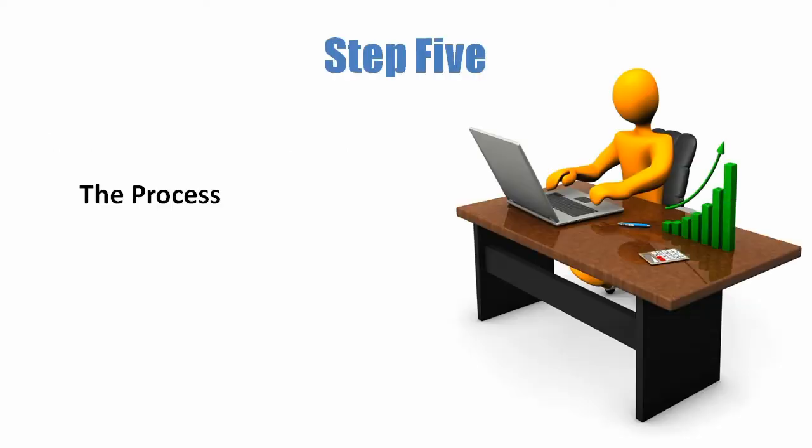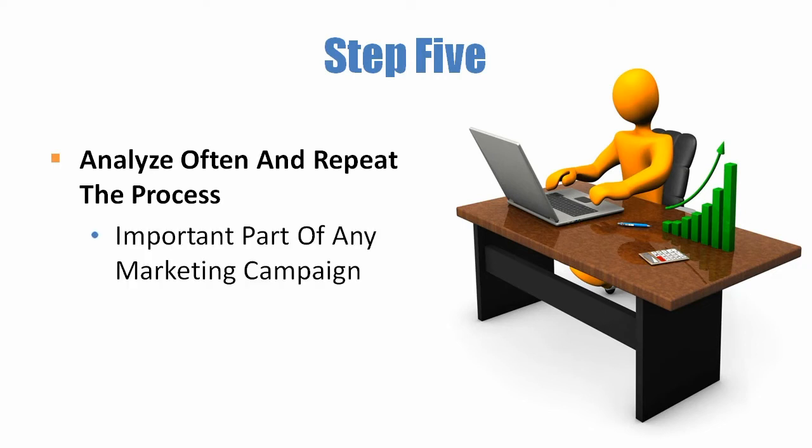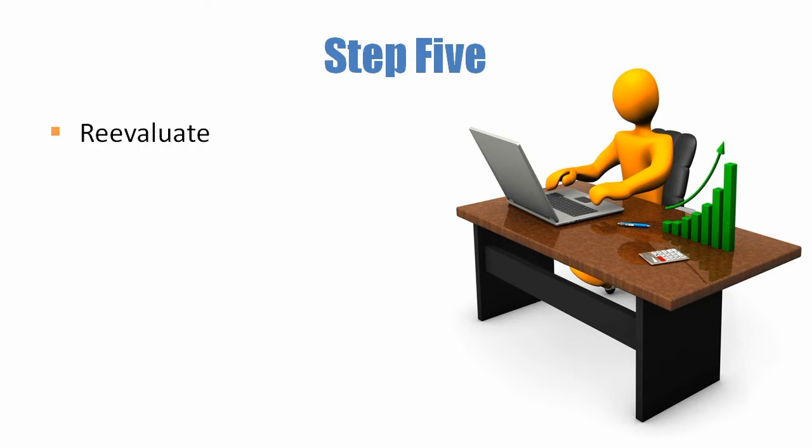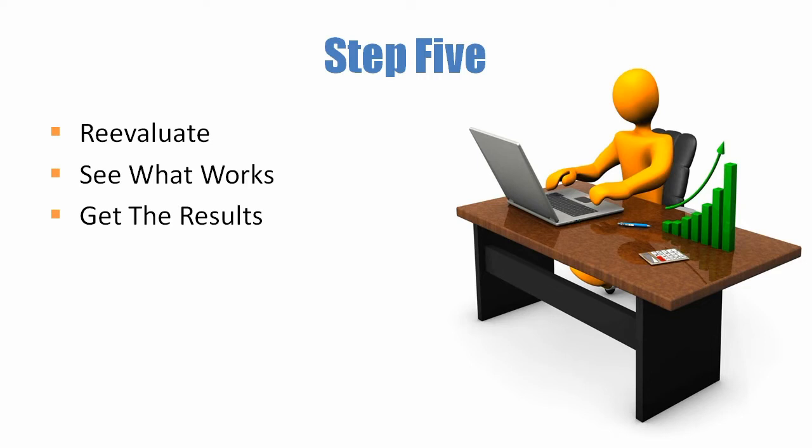Step 5. Analyze often and repeat the process. Analyzing the process and repeating it often is an important part of any marketing campaign. You need to reevaluate and see what works in order to get results you want.